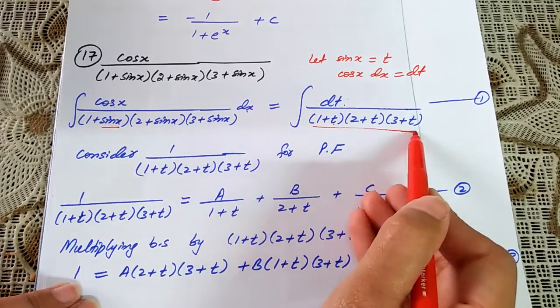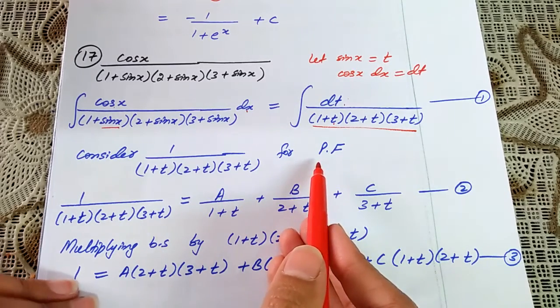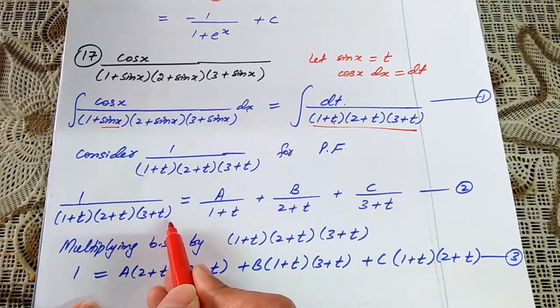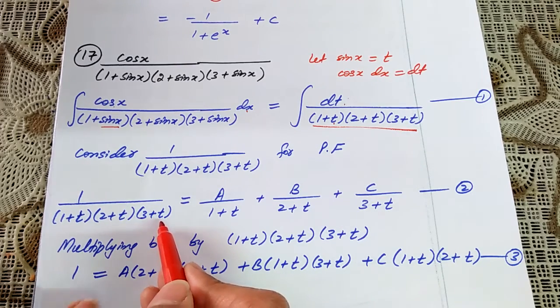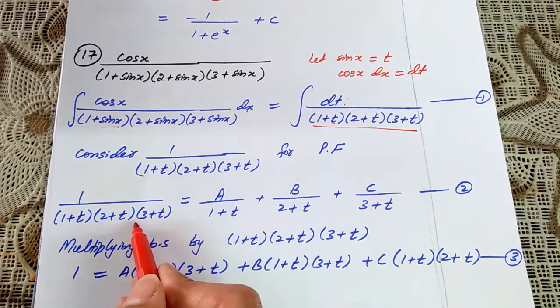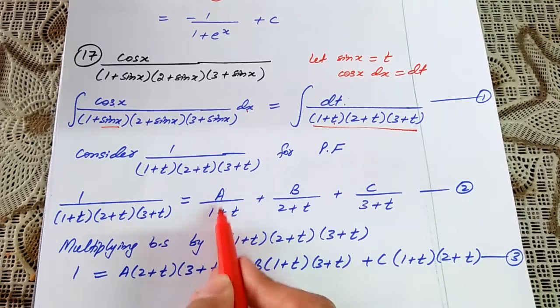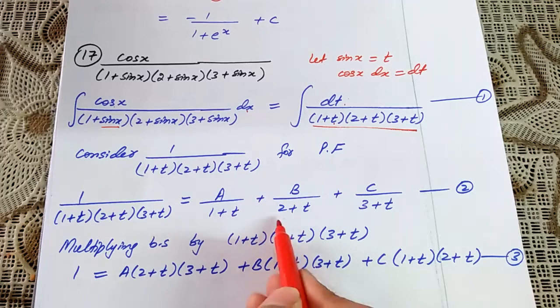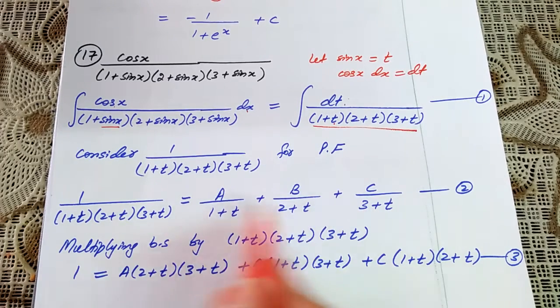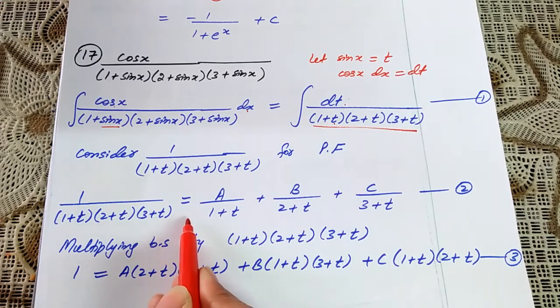Now consider this fraction for partial fractions. All these brackets are in simplified form, so there is no need to factorize further. Write the partial fractions of this fraction. We'll get a over 1 plus t plus b over 2 plus t plus c over 3 plus t. Multiply both sides with the whole denominator.